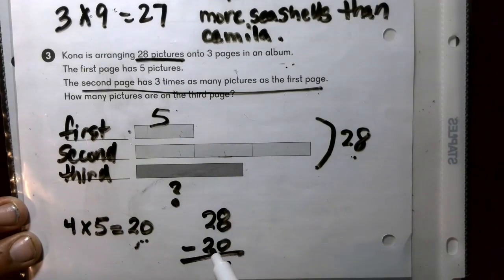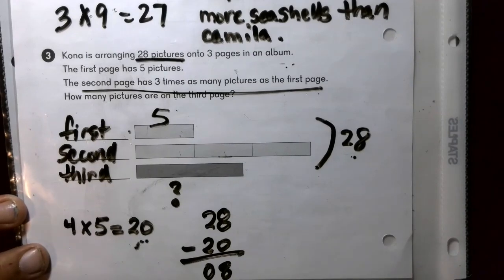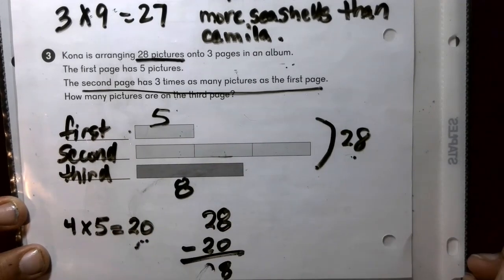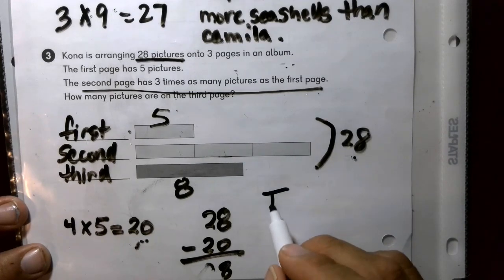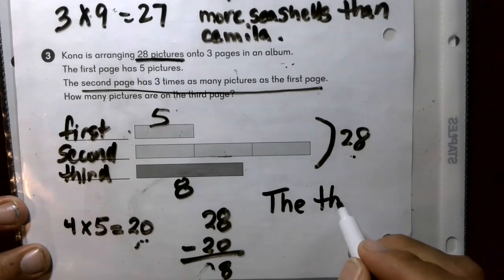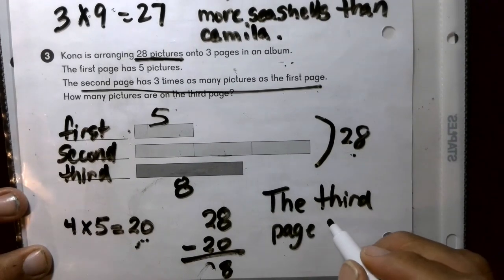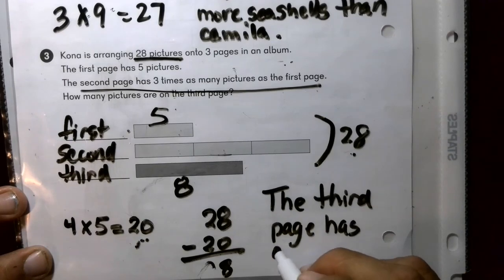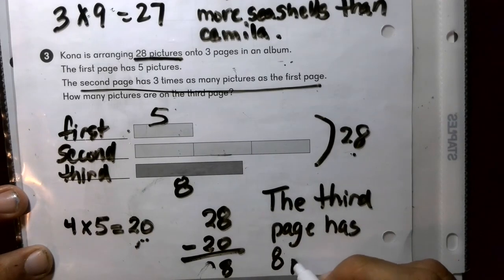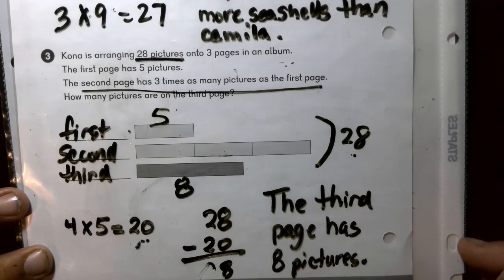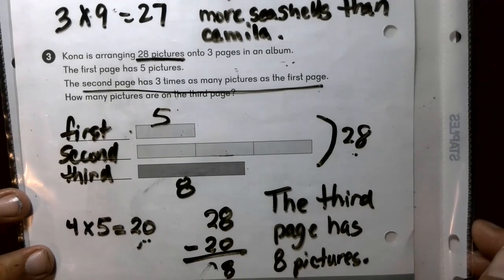And remember that 2 minus 2 is 0, but we don't say 0, 8. We say 8. So I know this is 8 pictures. The third page has 8 pictures.